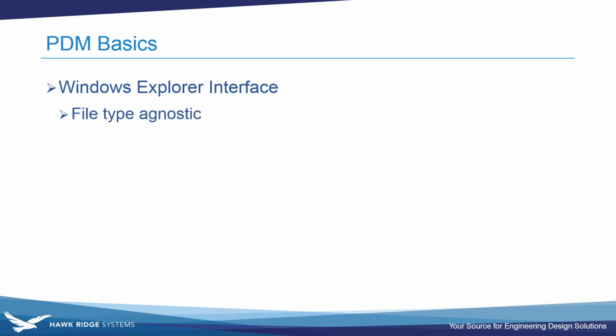And again, because it's Windows Explorer, there's really no limit to the types of files that you can use inside this system. So even if you created a new file extension, you could still pull that in and still control who has access to that file, what types of changes they can make to that file.